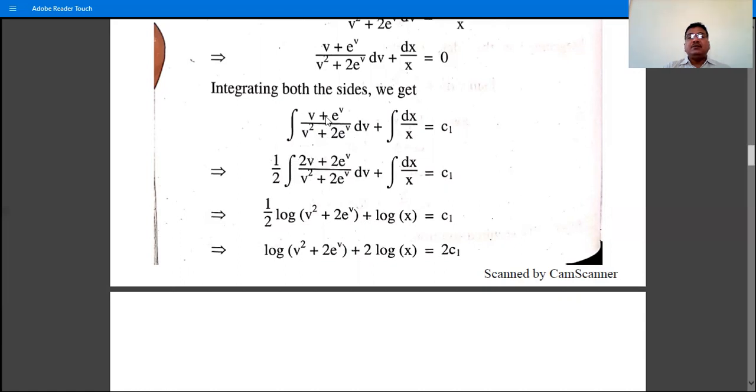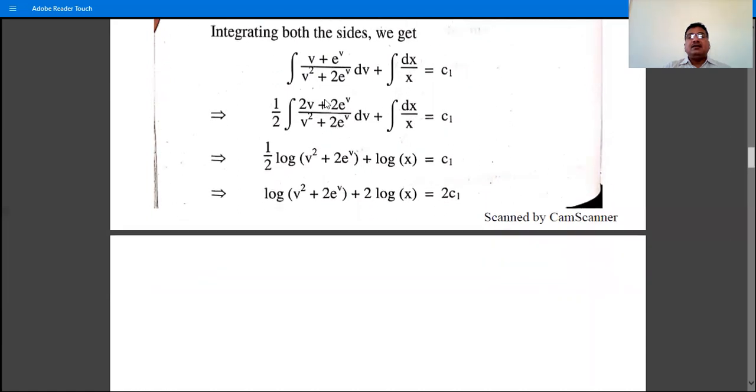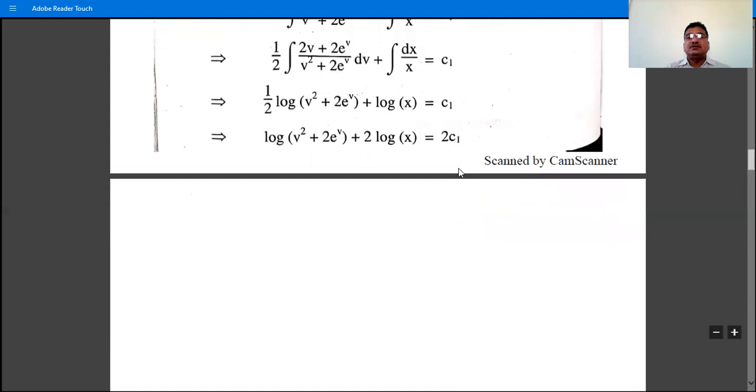So we have 2v plus 2 e raised to v, and then use the rule: integration of f dash x divided by fx is log fx, log of the denominator. So we have the derivative of the denominator in the numerator, and by using that rule, integration of f dash x divided by fx, we get one half log of v square plus 2 e raised to v, plus integration of 1 by x, log x, is equal to the constant of integration c1.